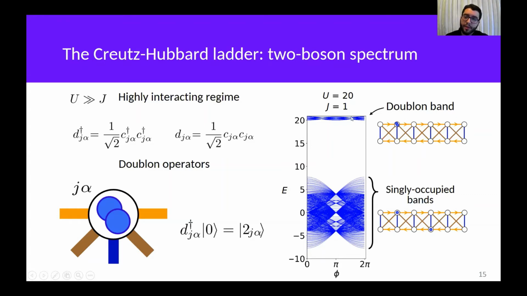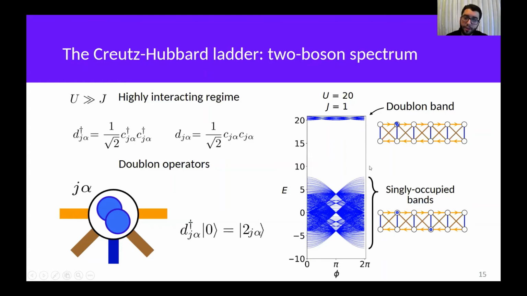And this name is because if the system starts in this subspace, the two particles will always propagate together through the lattice, because in this model, there is no process that can make you lose all the energy to go back here. And this makes the two particles a quasi-particle, which we can call a doublon, and these are its creation and annihilation operators.